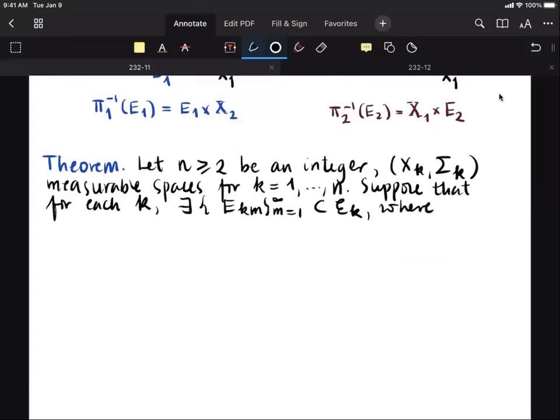Now, by the way, what is E_k? E_k is a generator of sigma_k with the property that X_k is the union of these E_km's, m from 1 to infinity.